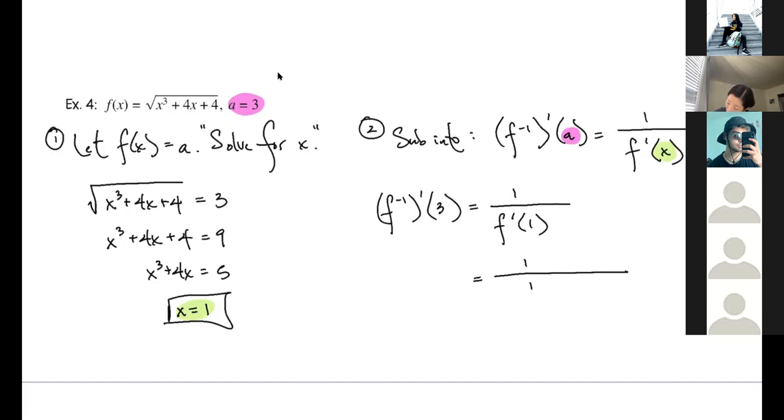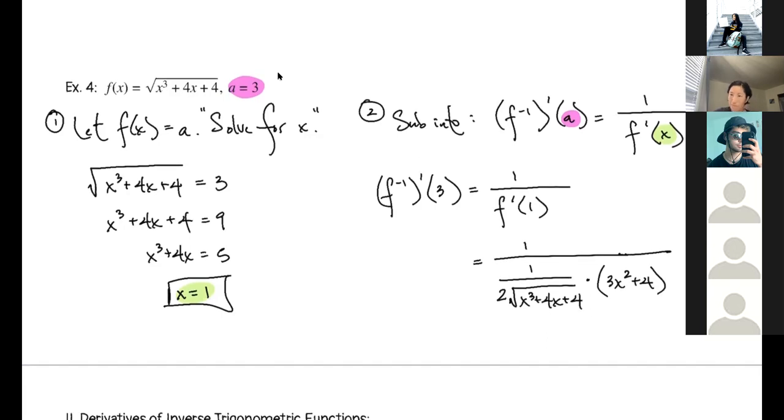So I've got 1 over 2 times the square root of that, times the derivative of that inner function. And then everywhere I see an x, I'm going to put a 1. So this 1 will go here, here, and here.